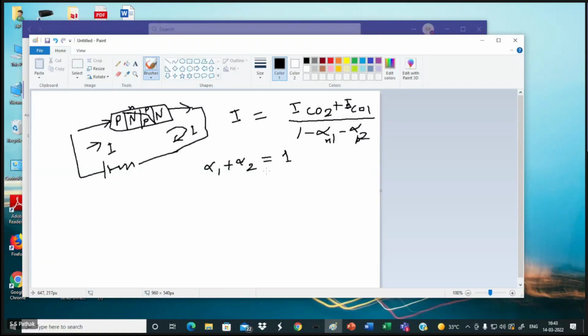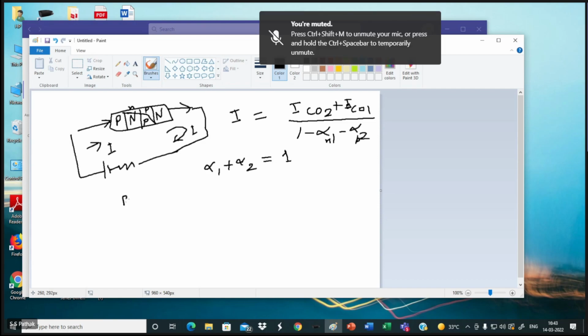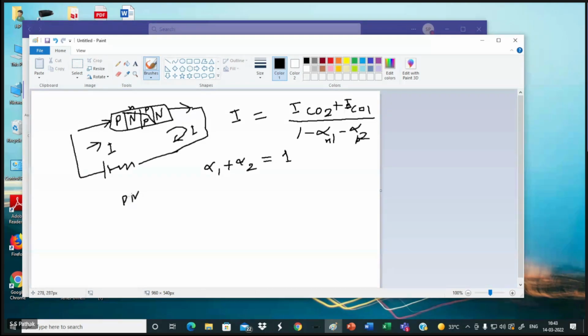Alpha 1 plus alpha 2, very high current will flow. And when the high current flows, what happens? There is one junction, I call it my P1, PN junction. I call it my J1.